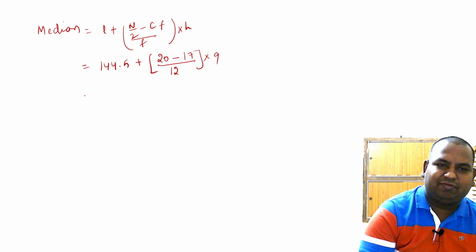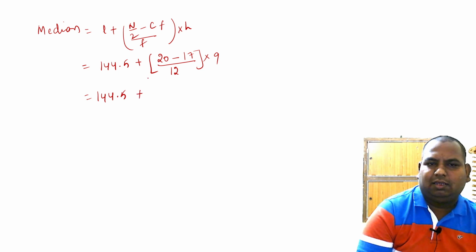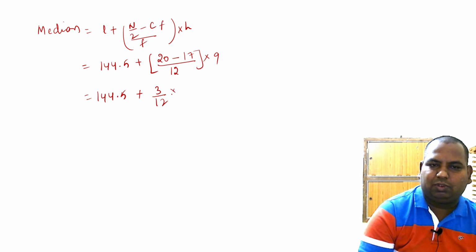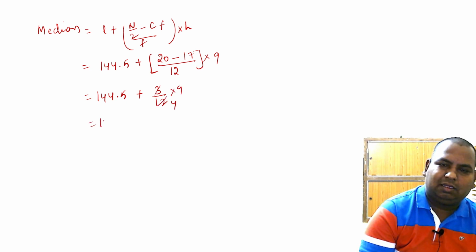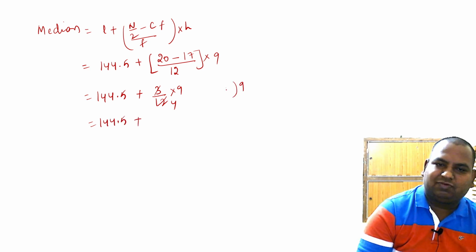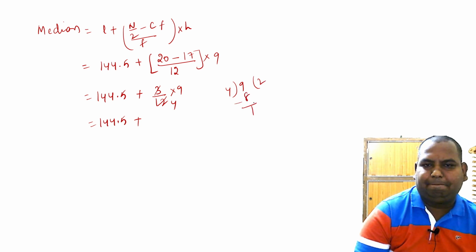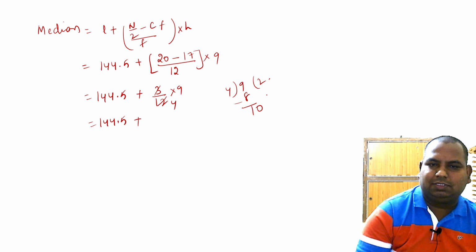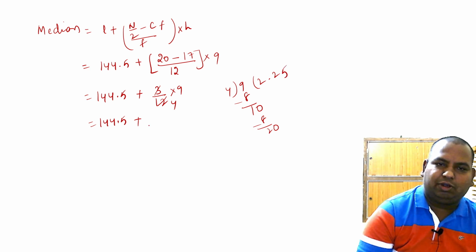Now substitute and simplify. 144.5 plus, 20 minus 17 is 3. 3 by 12 into 9. 3 ones are 3, 3 fours are 12, so it is 9 by 4. Let us find 9 by 4. 4 twos are 8, remainder 1. 4 twos are 8, 20, 5 is 2.25.